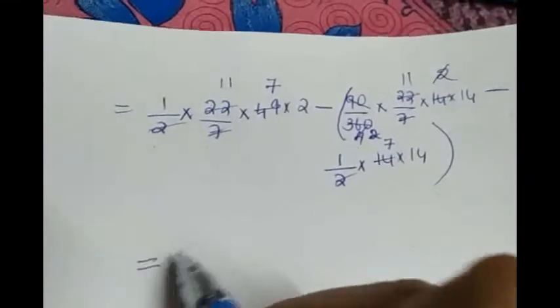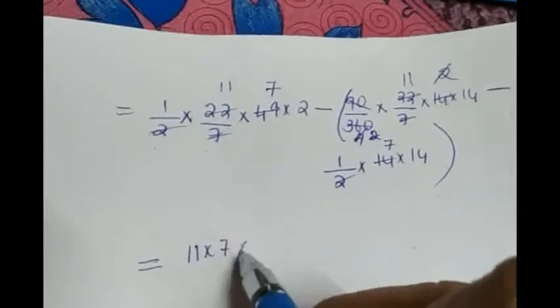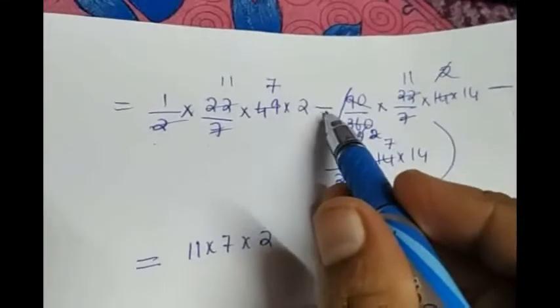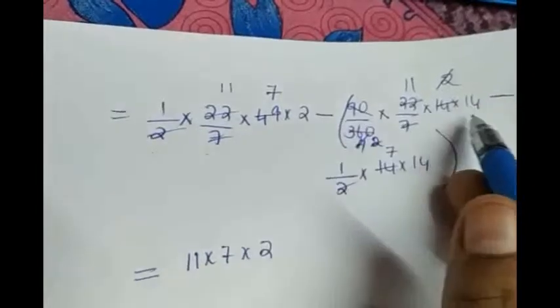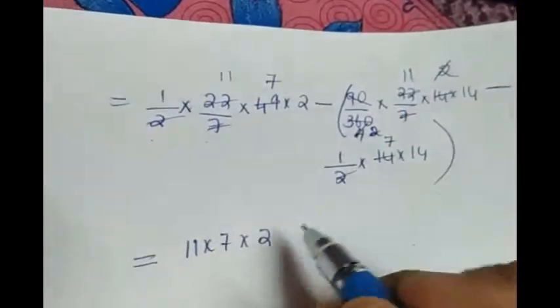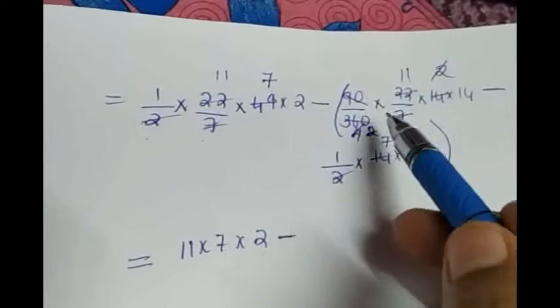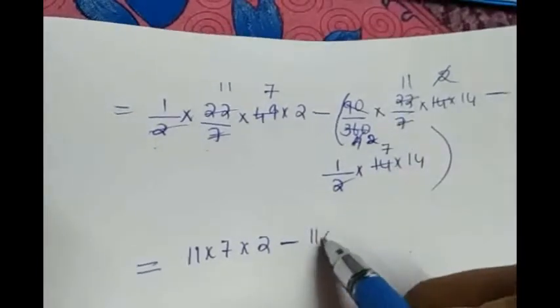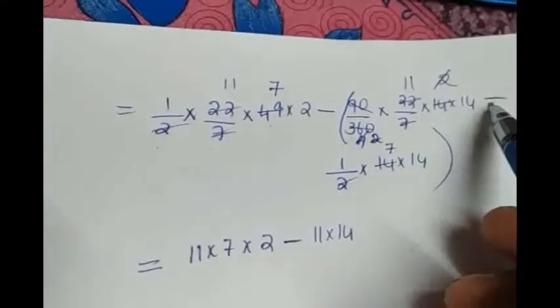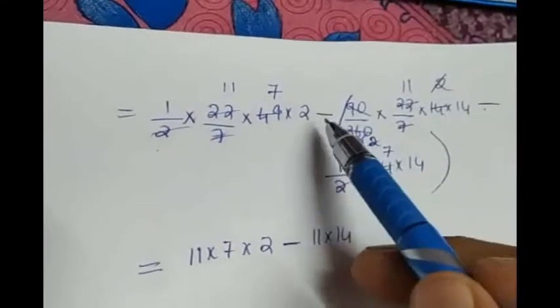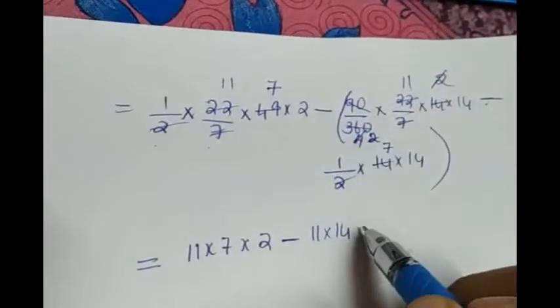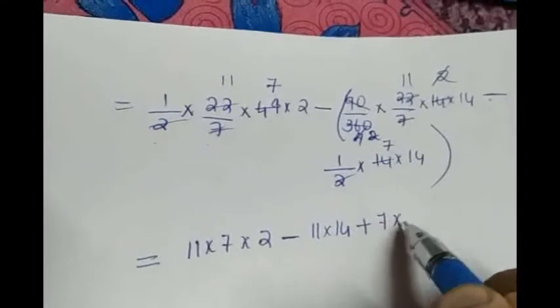So the balance in the first term is 11 into 7 into 2, minus, I am opening the bracket with a negative sign. So the first term is already positive in the bracket. If I give the negative sign, it becomes minus, and the balance is 11 and 14. And the last term is already negative, and if I give this negative to the bracket, it will become plus 7 into 14.